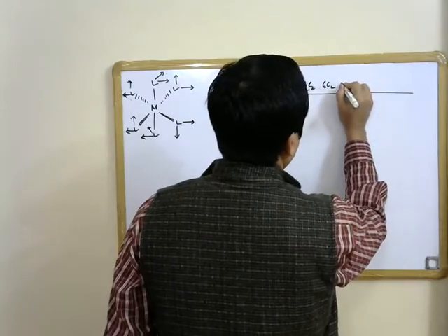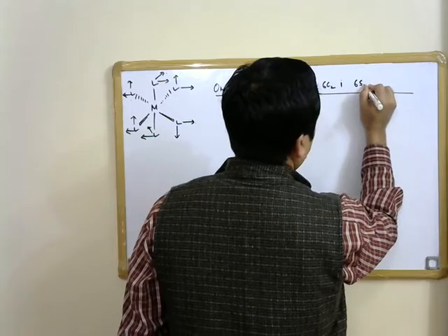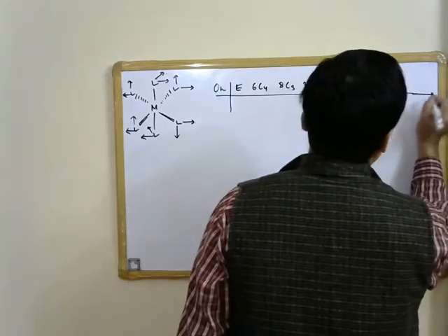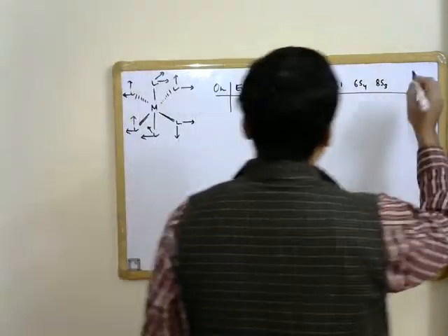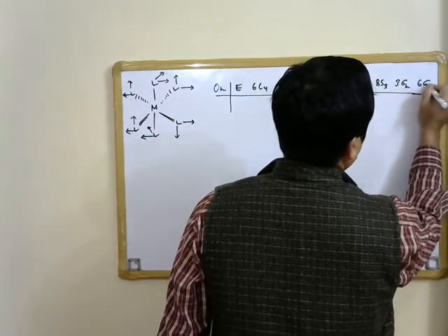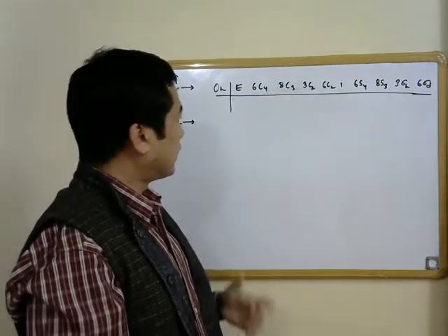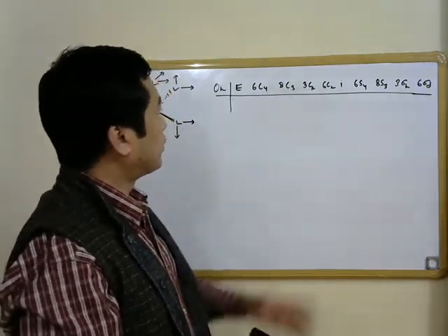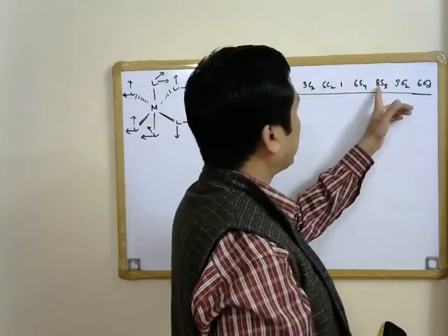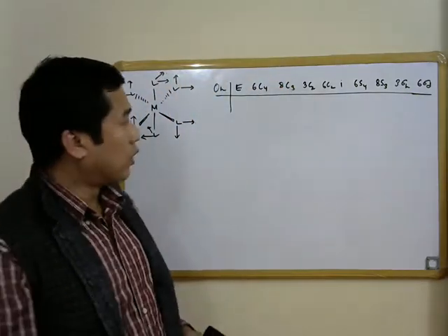And then we have the inversion center, 6 S4, 8 S3, 3 sigma h and 6 sigma d. So that is 1 plus 6 is 7, plus 8 is 15, plus 3 is 18, plus 6 is 24, plus 1 is 25, plus 6 is 31, plus 8 is 39, plus 3 is 42, plus 6 is 48 symmetry operations of the octahedral point group.